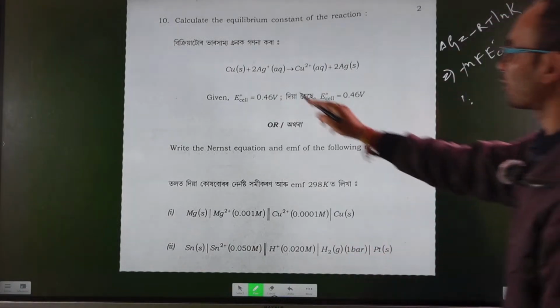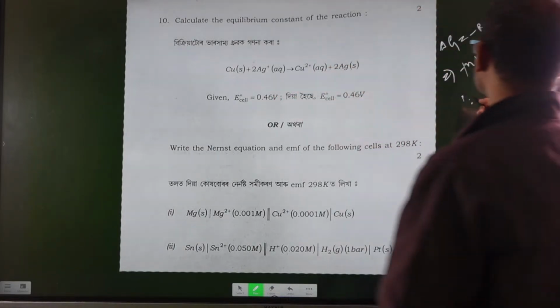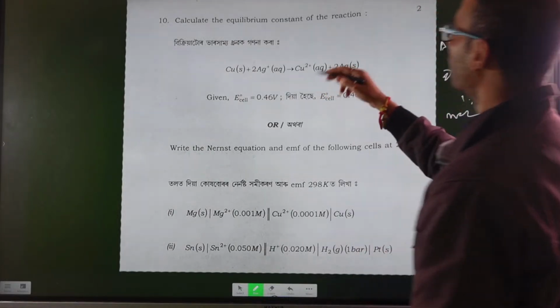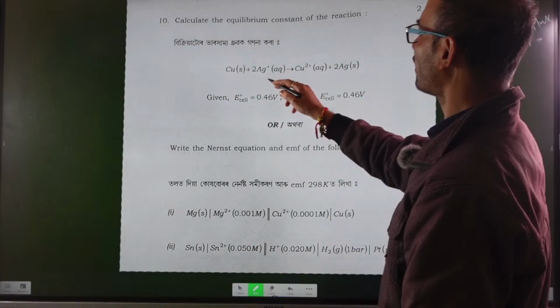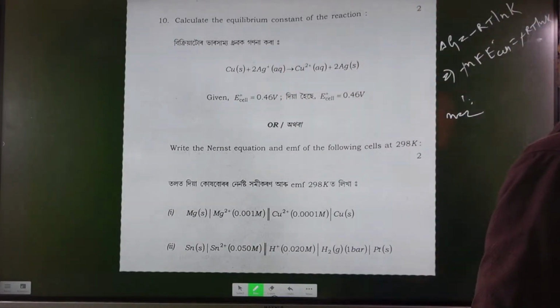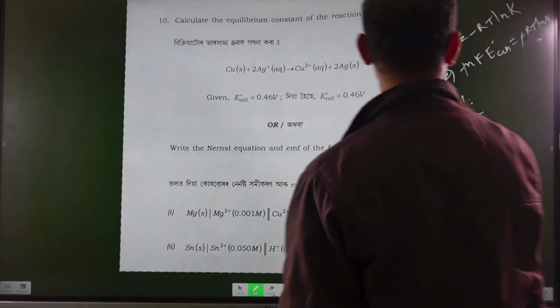So for this reaction, you see the number of electrons transferred is 2. n is equal to 2. Because copper releases 2 electrons and silver releases 1 electron, but after balancing both the equations, n will be 2.